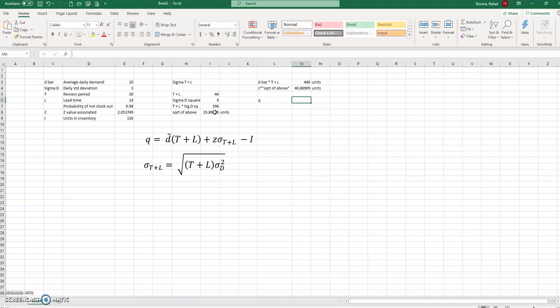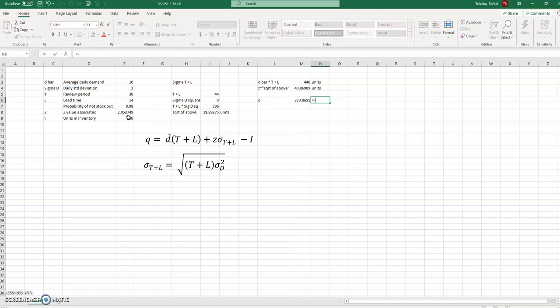So my k is how much I have to order when the review period comes to place an order. So this is going to be equal to this number plus this number minus, we have this I here, minus 150.